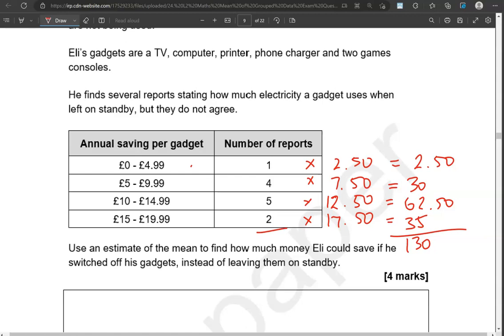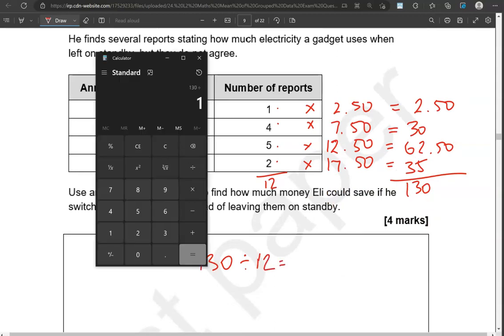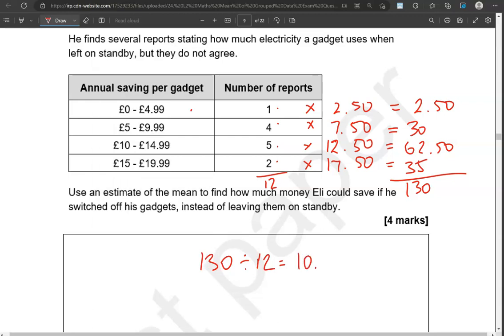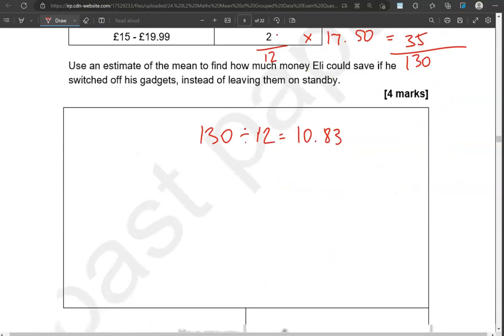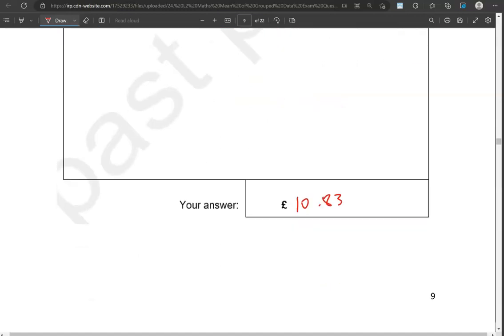So we have 1 and 4, which is 5, and 5, 10, and the 2 is 12. So 130 divided by 12 gives us 10.83. So he saves £10.83 roughly.